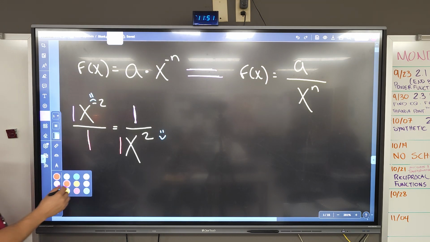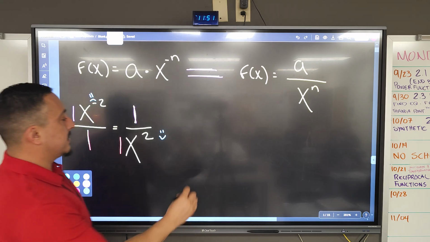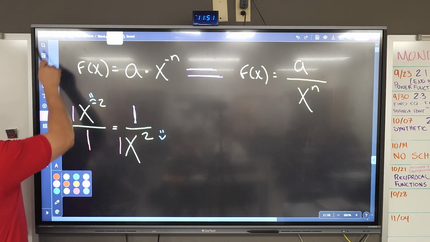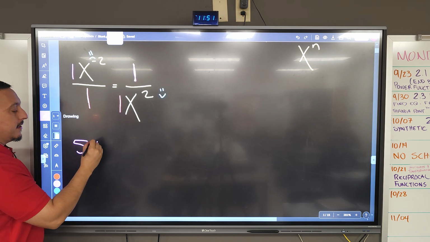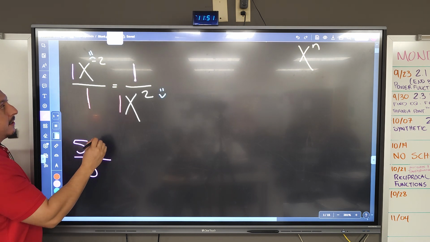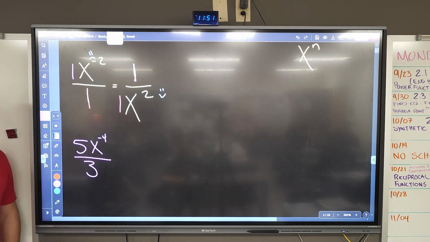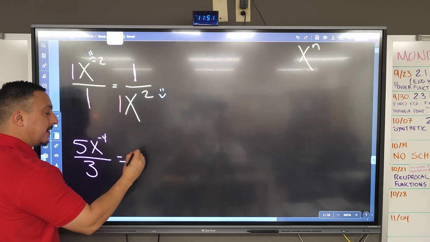I'll give you an example with numbers so that it's easier to see. Let's say I had 5 over 3 to the -4. The 5 and the 3 stay right where they're at.